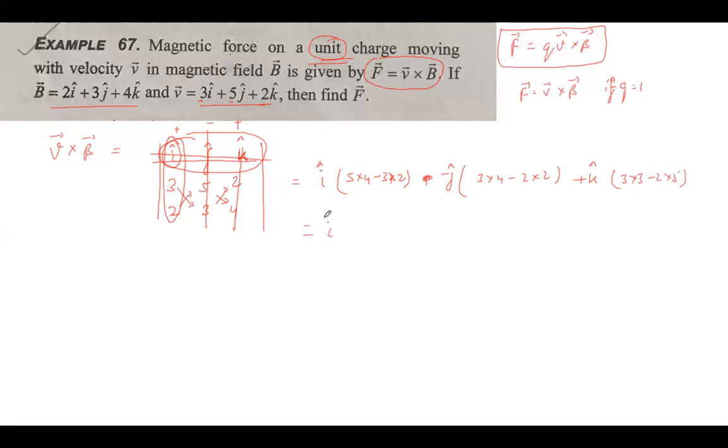So when you expand it and calculate, 20 minus 6 is 14 i, minus j times 12 minus 4, 8, plus k times 9 minus 10, this is minus 1. So this will be 14i minus 8j minus k. So this is your force vector, F vector.